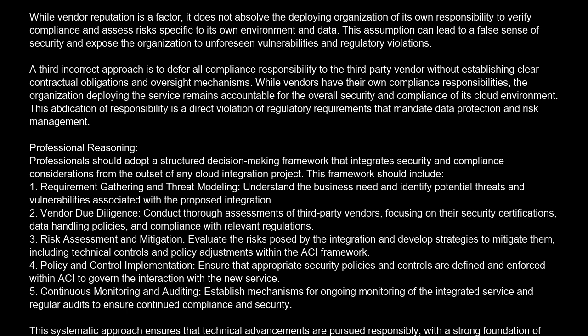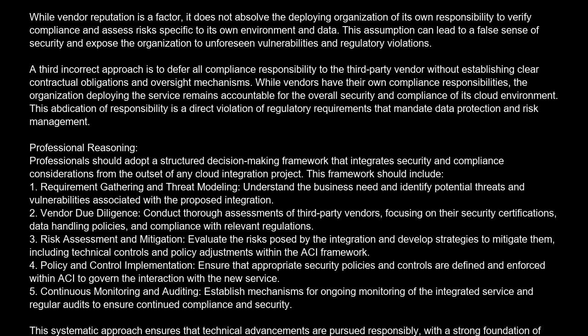Professional reasoning. Professionals should adopt a structured decision-making framework that integrates security and compliance considerations from the outset of any cloud integration project. This framework should include: 1. Requirement gathering and threat modeling. Understand the business need and identify potential threats and vulnerabilities associated with the proposed integration. 2. Vendor due diligence. Conduct thorough assessments of third-party vendors, focusing on their security certifications, data handling policies, and compliance with relevant regulations. 3. Risk assessment and mitigation. Evaluate the risks posed by the integration and develop strategies to mitigate them, including technical controls and policy adjustments within the ACI framework. 4.